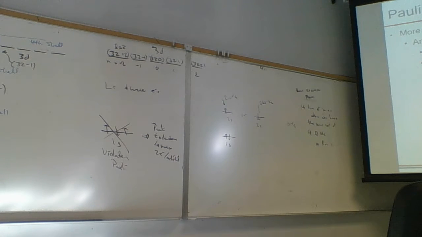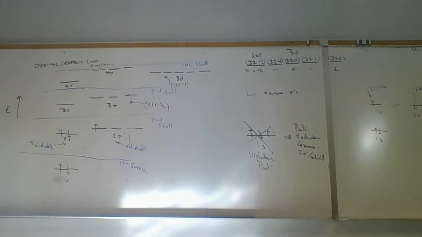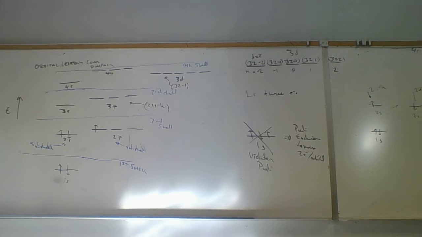Where do you think the 4th electron should go? You tell me, and I'll put it there. Tell me where the 4th electron goes. No, it's not a trick question. I haven't told you the other rules yet, and so there's no right or wrong answer.